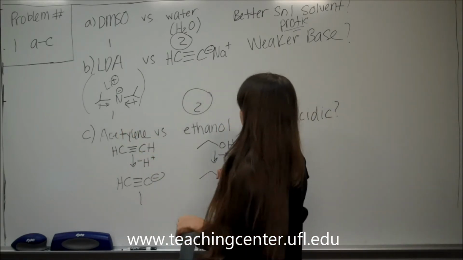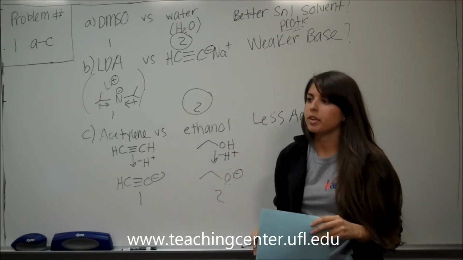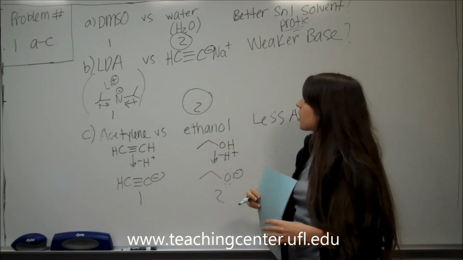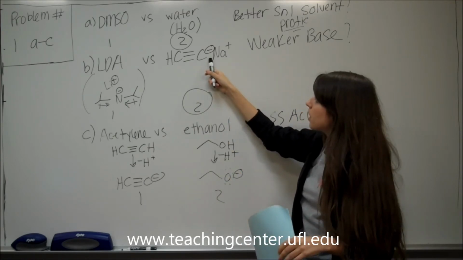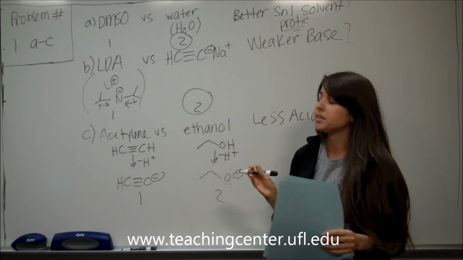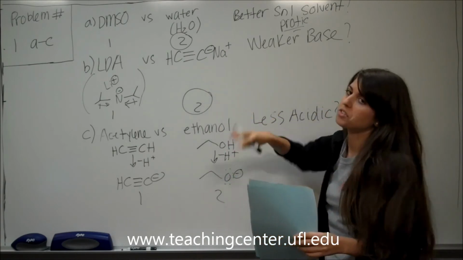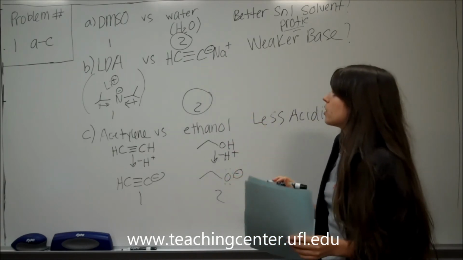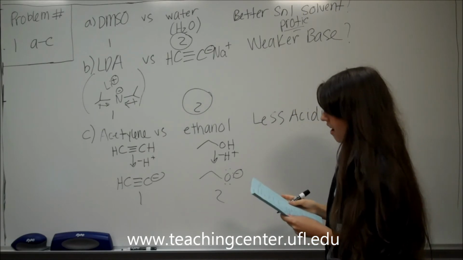Whereas with the acetylide ion, remember triple bonds have really high percent S character, making the negative charge more stabilized because the electrons are closer to the nucleus. So therefore, that's why that's going to be our weaker base, and the conjugate is the stronger acid. So that's the spiel for that one.